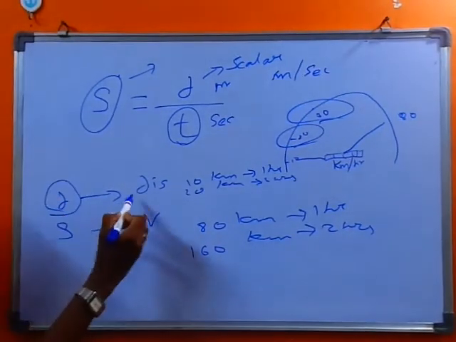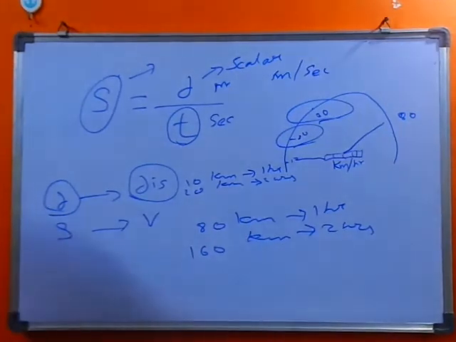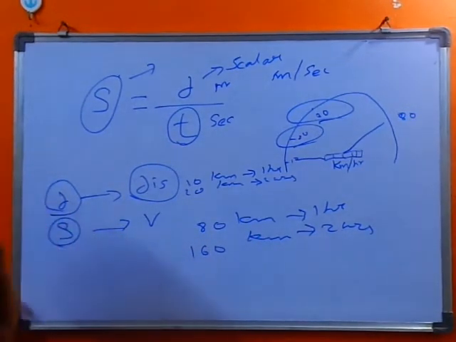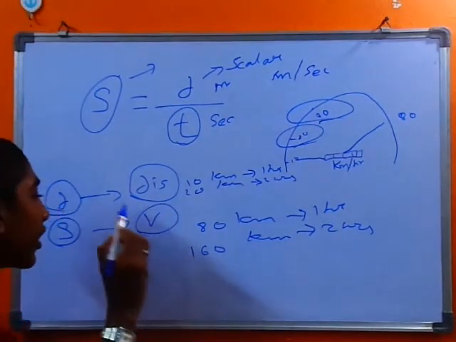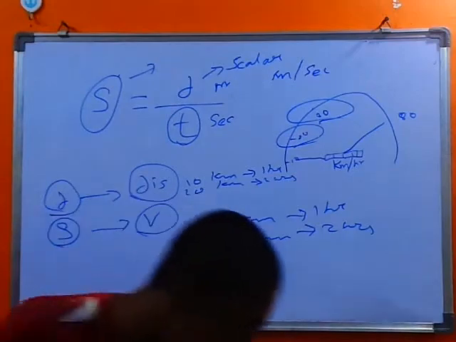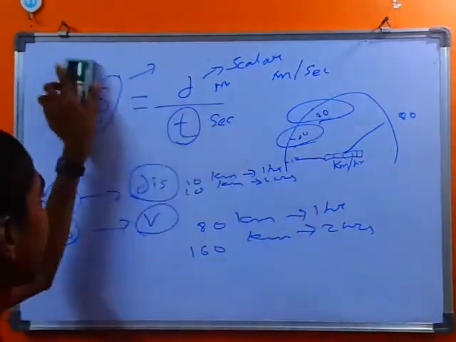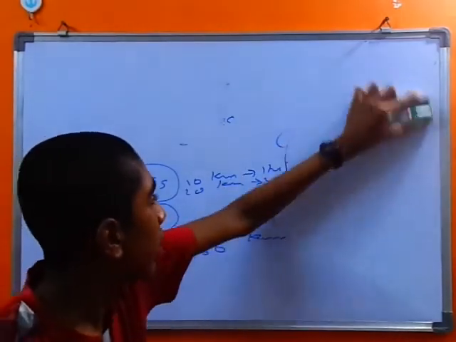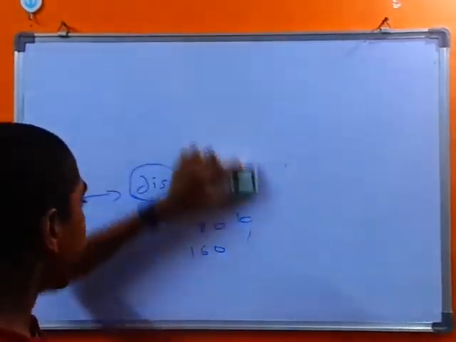Distance is scalar, displacement is vector. Speed is scalar, distance by time, and can you guess velocity? Yes, velocity is defined as displacement per unit time.